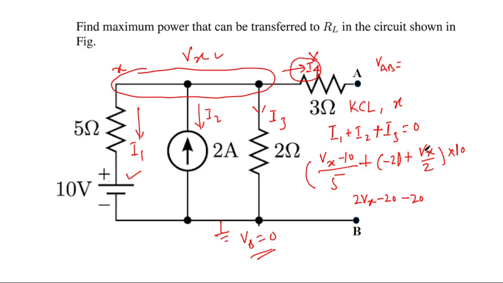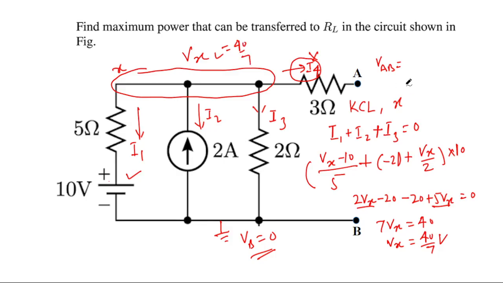Similarly, Vx divided by 2 multiplied by 10 becomes 5 Vx, and this should be equal to 0. So 2 Vx and 5 Vx give 7 Vx equal to 40. So the value of Vx is equal to 40 by 7 volt.